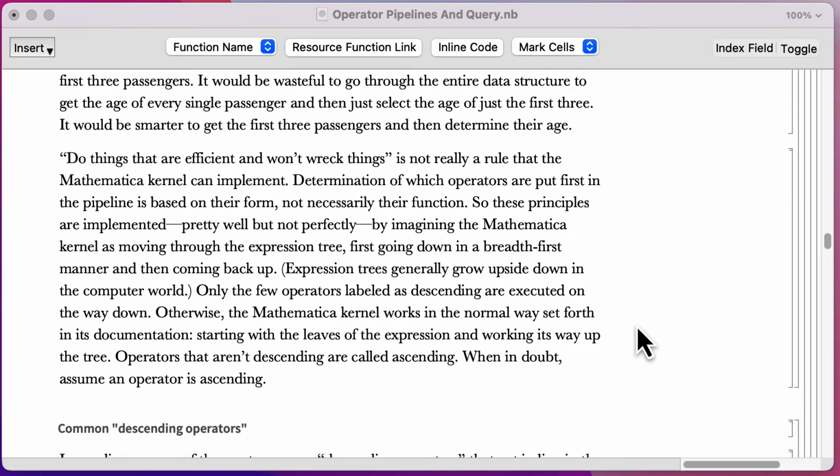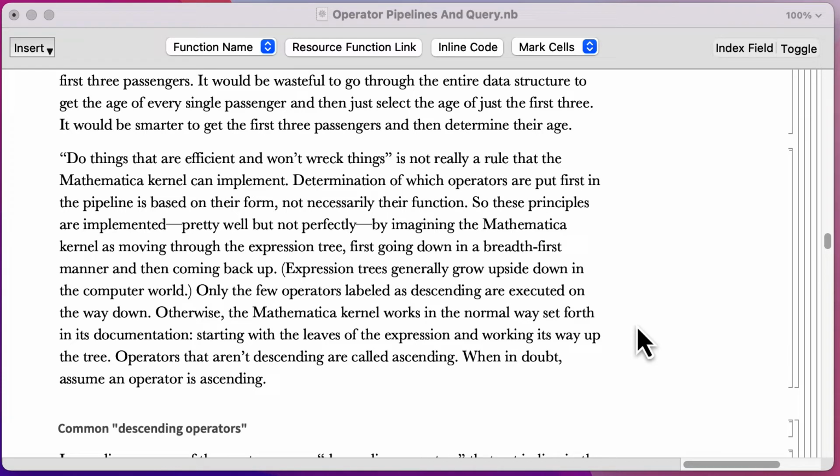But you can't just implement a concept, you have to have something concrete. And so the way that Wolfram does it is to look at the operators and based on their form decide that certain of them should cut ahead in line.